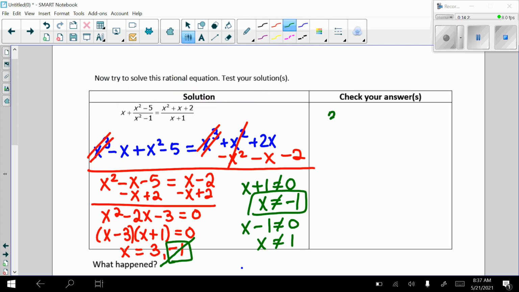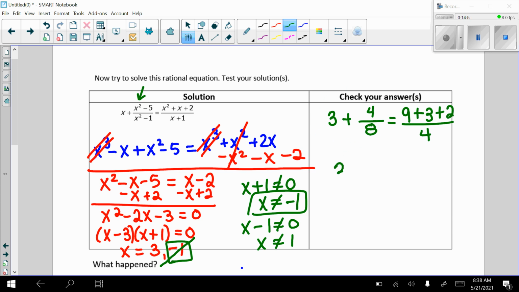So we have 3 plus 3 squared is 9 minus 5 is 4 over 3 squared is 9 minus 1 is 8. That's looking like 3.5 right there, isn't it? Over here we have 3 squared is 9 plus 3 plus 2 over 3 plus 1 is 4. I think we can all agree that this is 3.5.